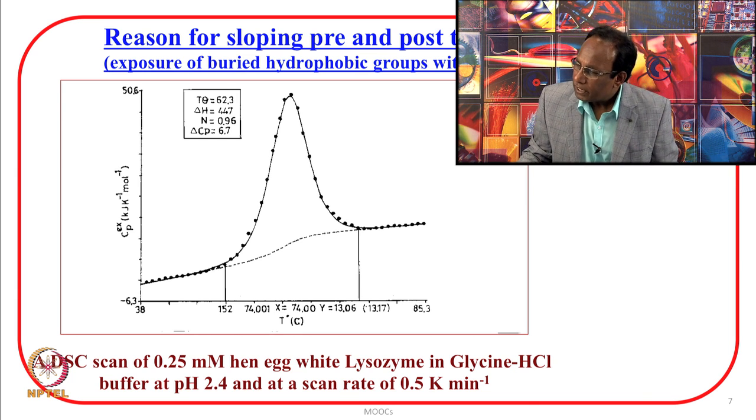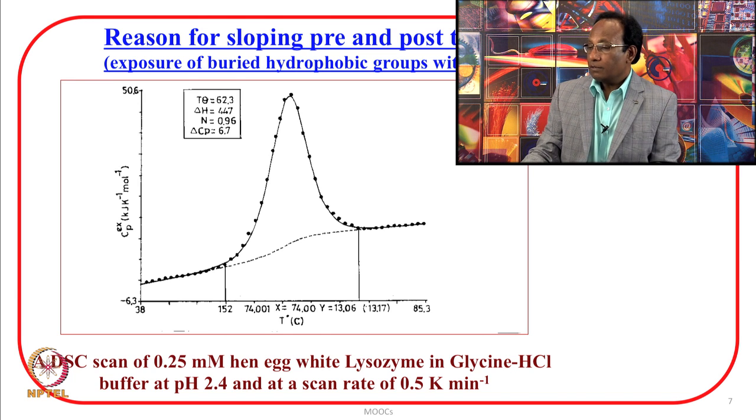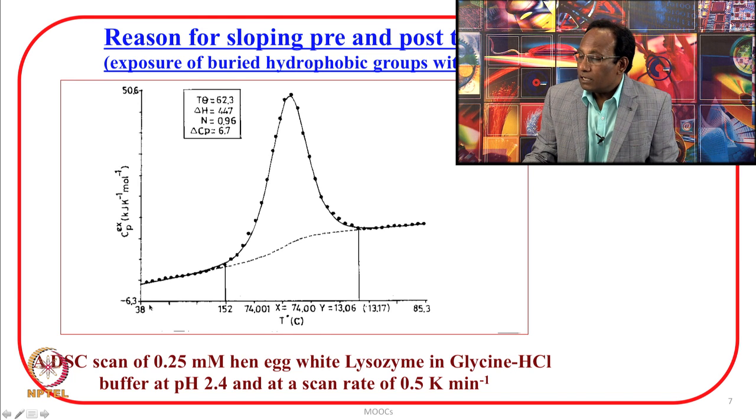However, the question that we are addressing here is, let us take a look at this figure, why this pre-transition baseline is sloping and why this post-transition baseline is sloping. Their slopes, if you carefully look, are different. So, let us discuss that.